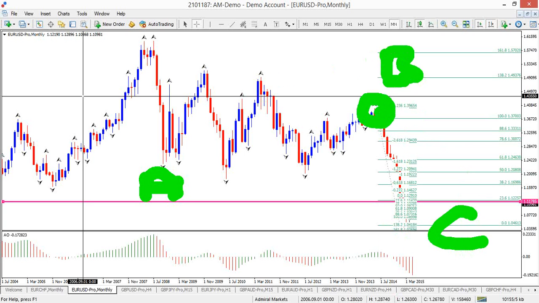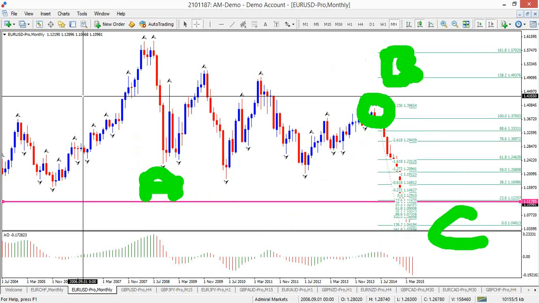You mentioned lowest low, so you meant the C wave. Why is it lower? The C wave is lower because the ABC is an impulsive correction, also called zigzag. And in that case, the correction goes deeper. It makes a C that goes beyond A.